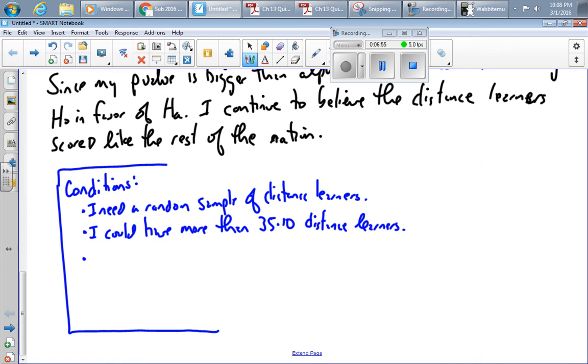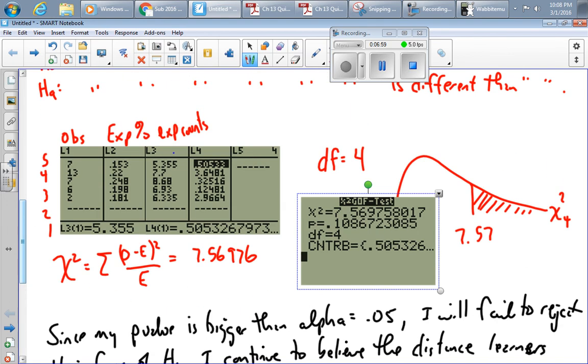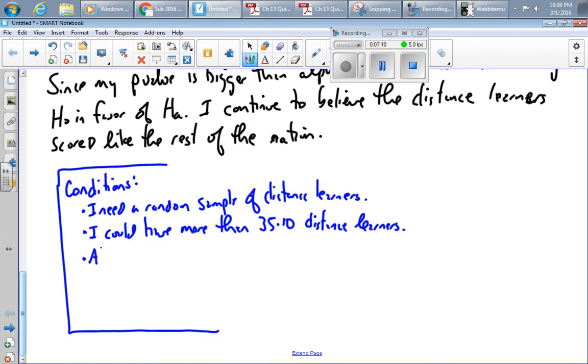And finally, I need to check my expected counts. So when I go back right here and I look at these expected counts, I see that all of them are bigger than 5. This is great. The smallest one, in fact, is 5.355. So I can say all expected counts are greater than 5.